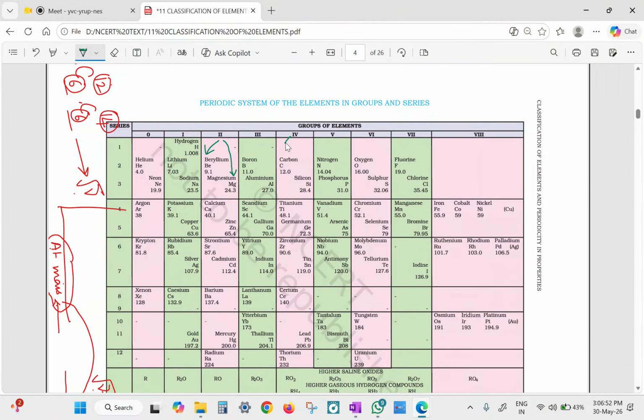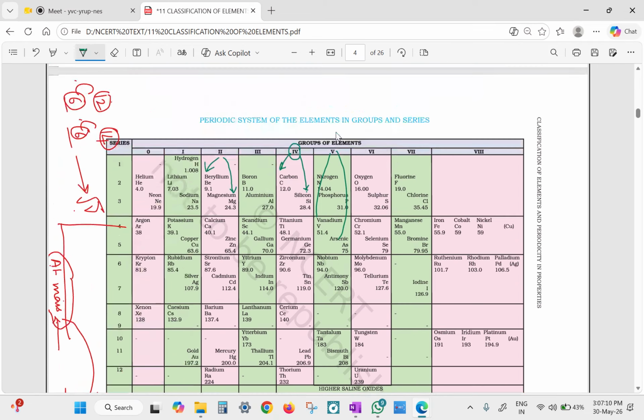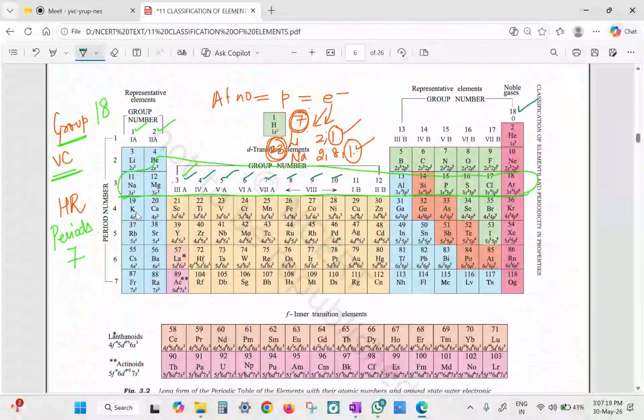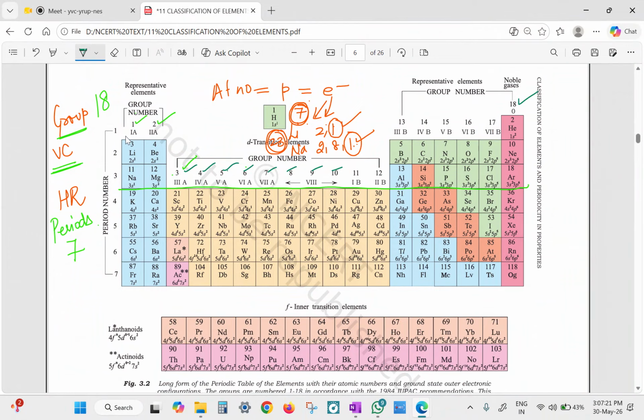You see carbon is on the left of group 4 and silicon is on the right, so they called it 4A, 4B. Vanadium in 5A, arsenic in 5B, and so on. The inert gases were named as group 0, helium, argon, etc.